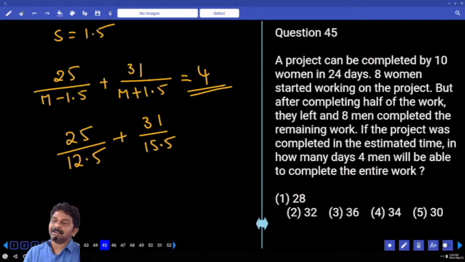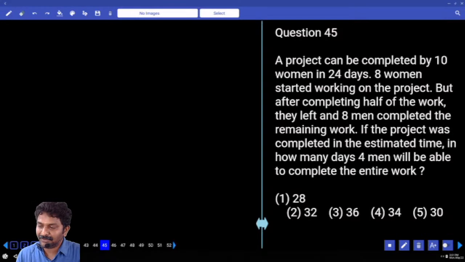A project can be completed by 10 women in 24 days. 8 women started working on the project, but after completion of half of the work, they left, and 8 men completed the remaining work. If the project was completed in the estimated time, in how many days will 4 men be able to complete the entire work? Now, wait a minute, the question is about 4 men, right?